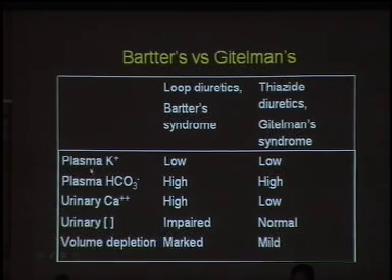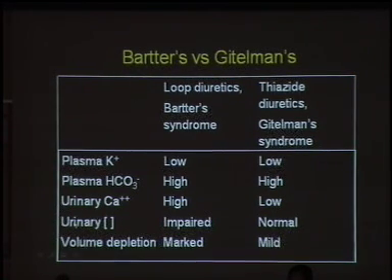Okay, so you see low potassium in the plasma, meaning hypokalemia, and metabolic alkalosis, right? Urine calcium is different because of the action of the syndrome at the different sites. Calcium in the urine is high in the loop diuretics. Calcium in the urine is low in the thiazide.